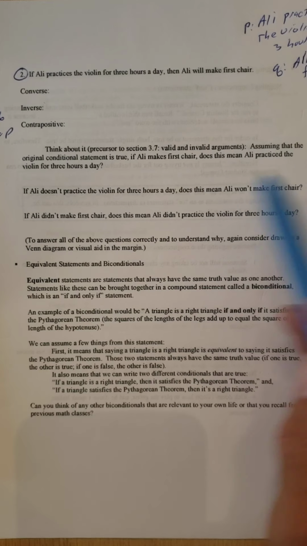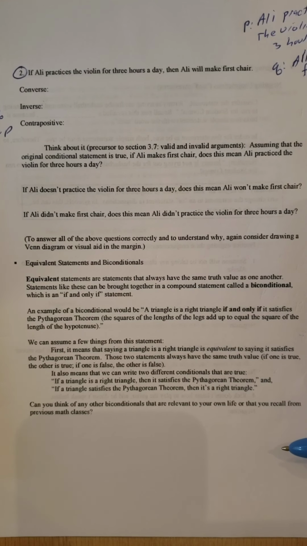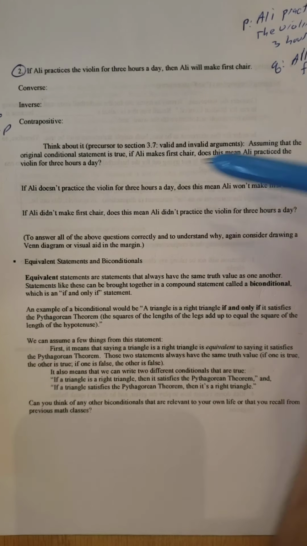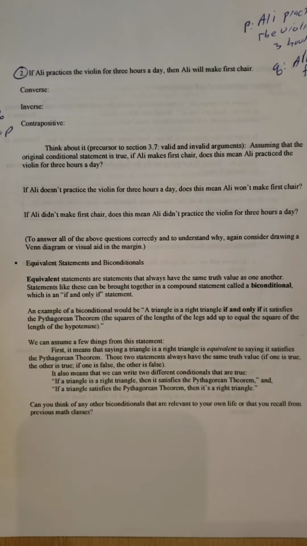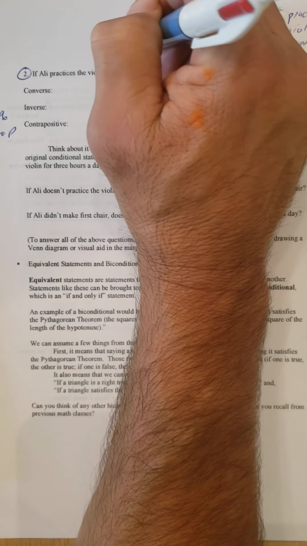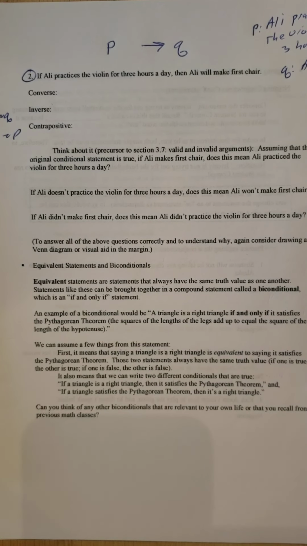And we're going to be asking whether or not these things are true or false, okay? So for right now, we're just asking you to write these things down. Remember, the contrapositive has the same truth as the original statement, P implies Q.